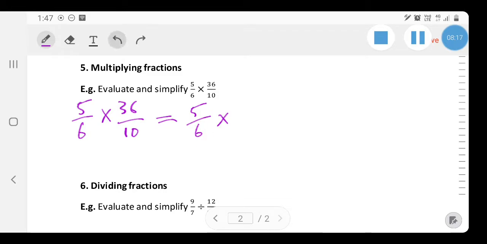So wouldn't it be convenient if I could factor the 36 into something times 6 and cancel out a couple of 6's? Well, 36 is actually 6 times 6. So I'm going to replace the 36 with 6 times 6 over, well, 10. But I'm not going to write 10 because, look, up here I have a 5.